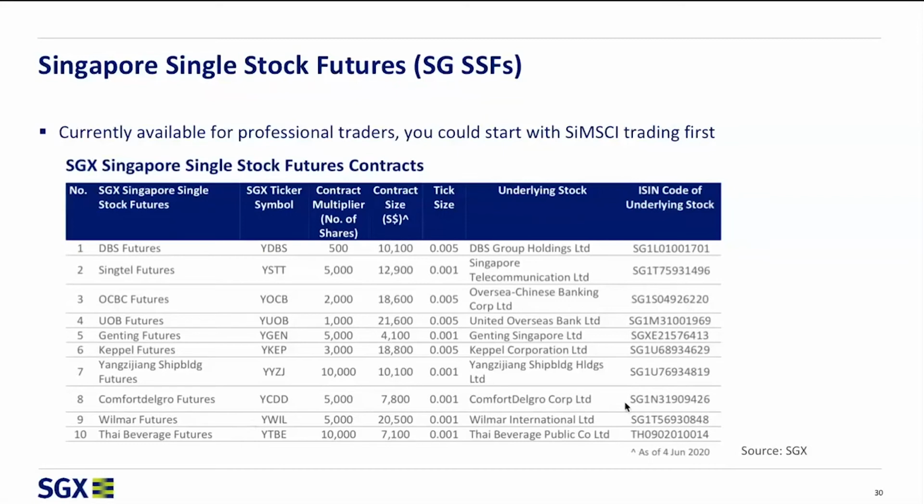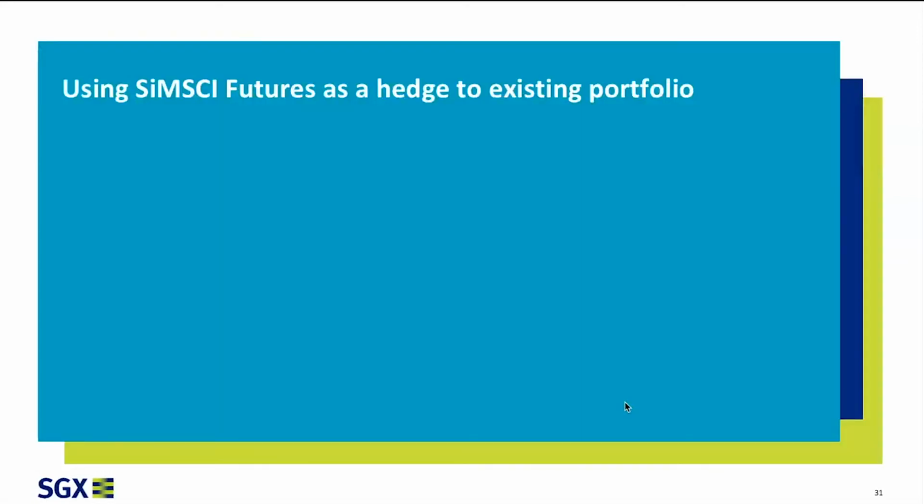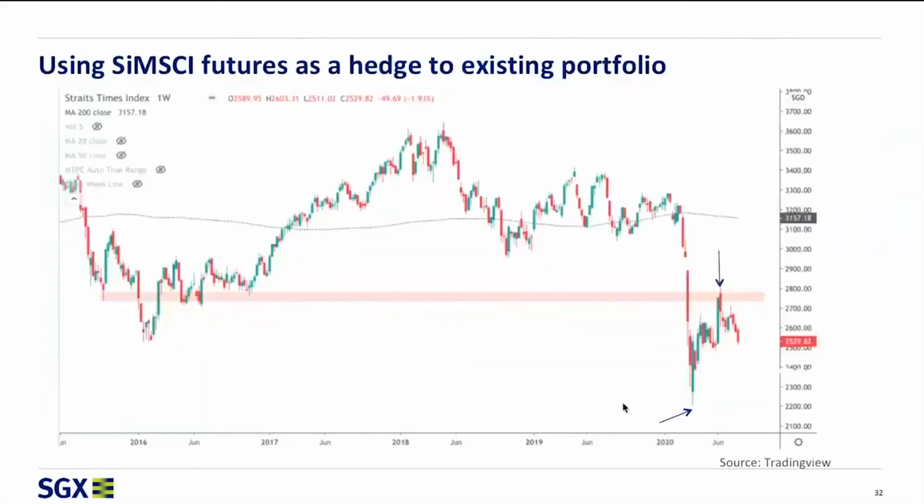Now let's talk about what you do if you have an existing portfolio of stocks, and how you hedge it. For example, let's look at this arrow here. Imagine that when price came down so much in March, you got in at a really low level and bought quite a fair bit of bank stocks.